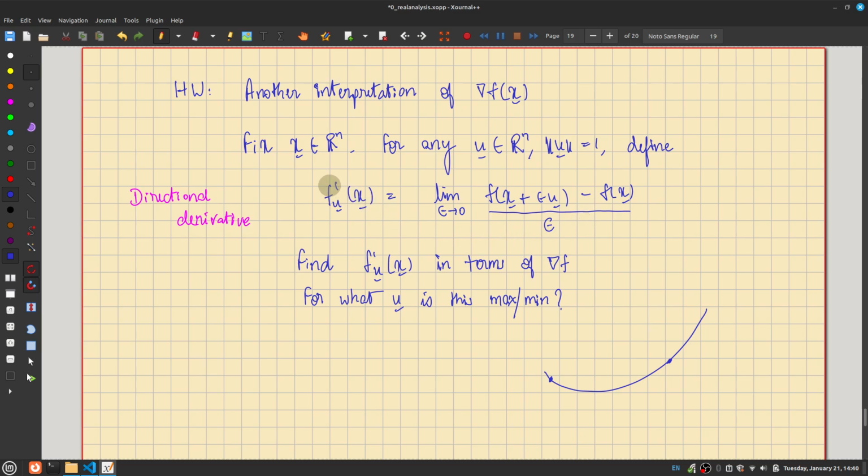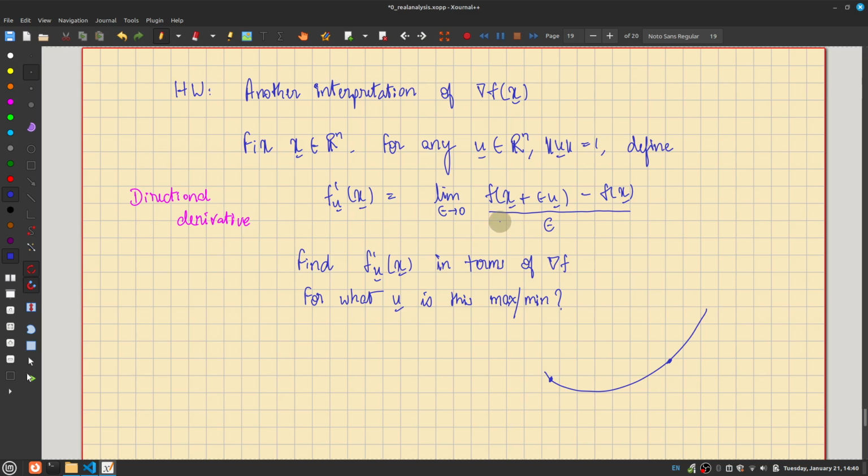direction the function is decreasing or increasing the maximum in some sense, right? So for any function and any unit vector or any direction, you can define the so-called directional derivative, right? It's defined as follows. So the directional derivative of a function f at a point x along the direction u is essentially this. It's exactly the derivative of a function that you think along one particular direction, right?